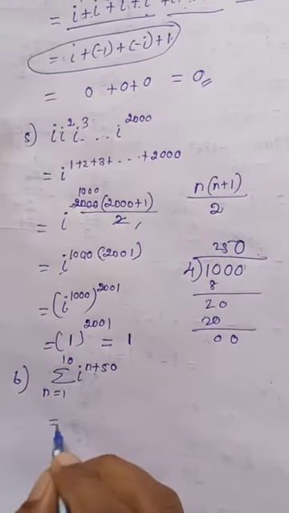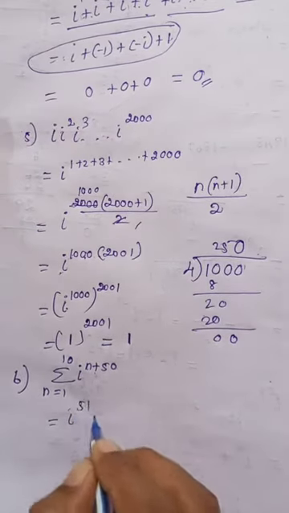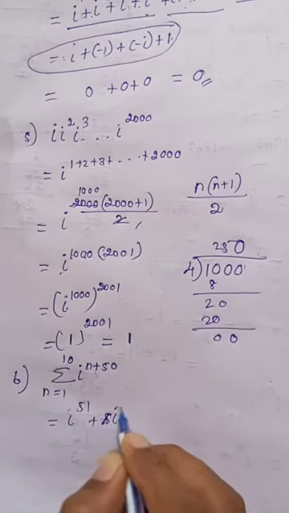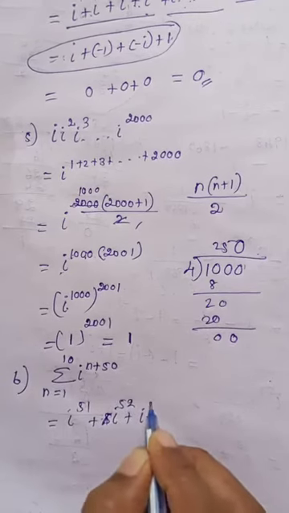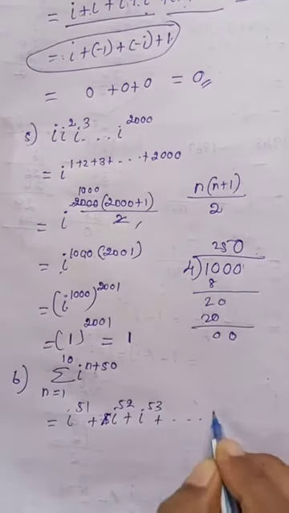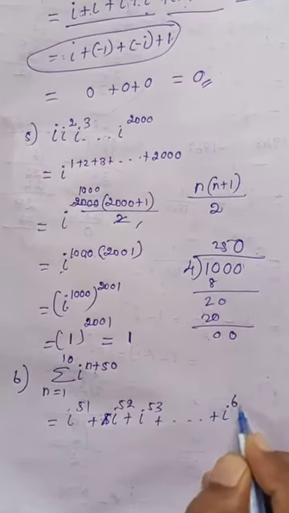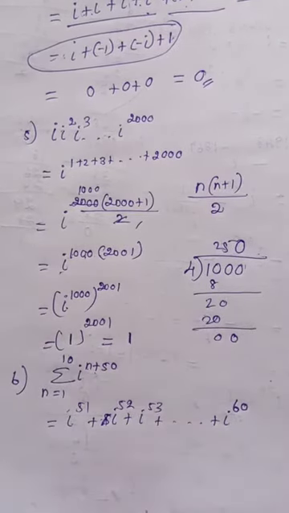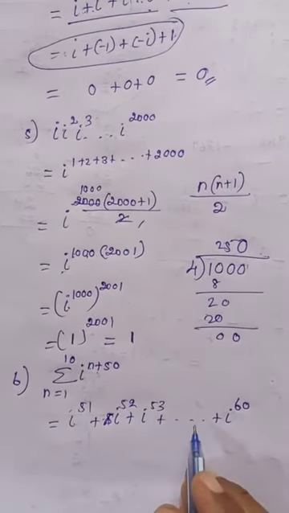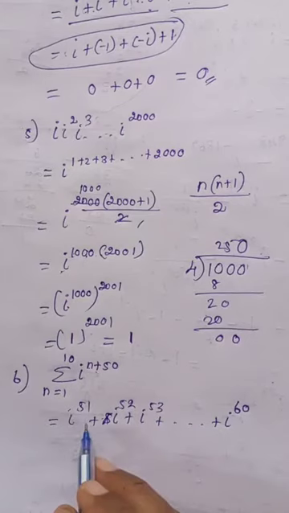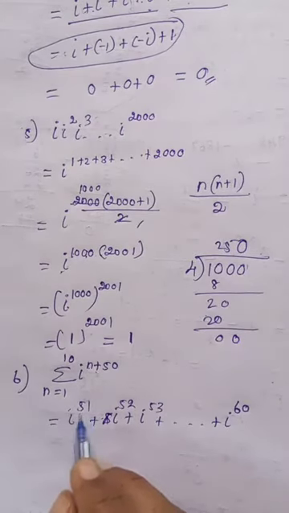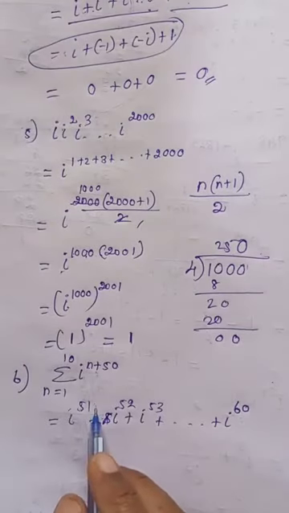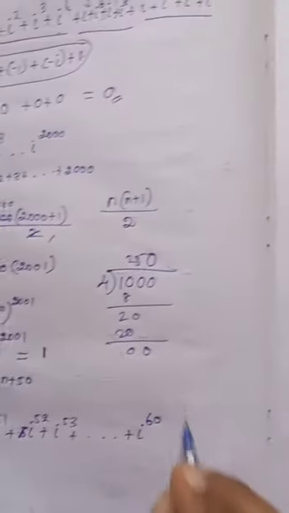Is it not? i power 51 plus i power 52 plus i power 53 plus etc. plus i power 60. Only 10 terms. So first we have to check whether 50 is divisible by 4. No, isn't it?